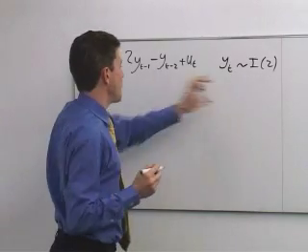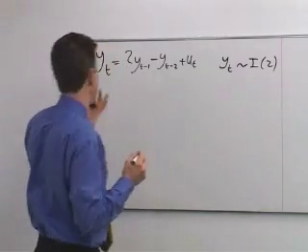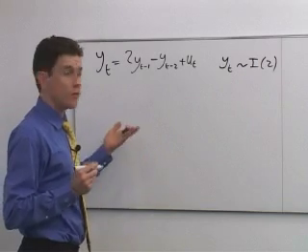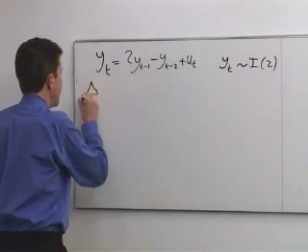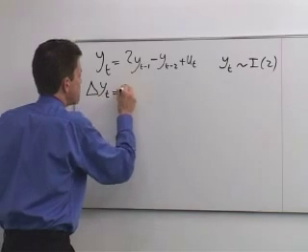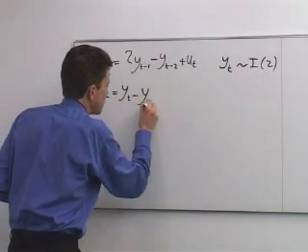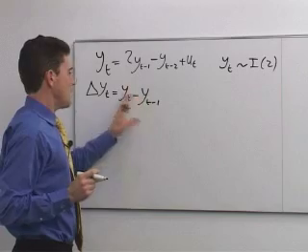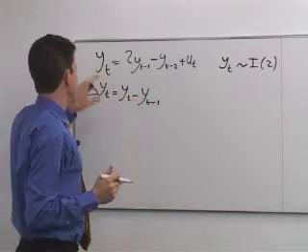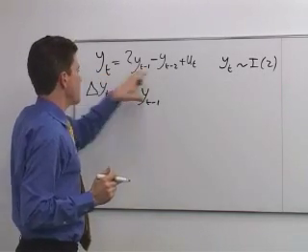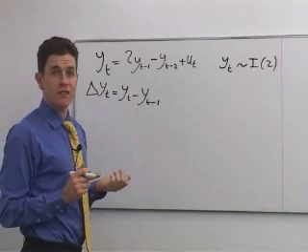To see why that is the case, consider applying the first difference operator once as we did before. In other words, consider forming delta yt, which is yt minus yt minus 1. If we form delta yt, that's as if we subtracted yt minus 1 away from both sides of this expression.